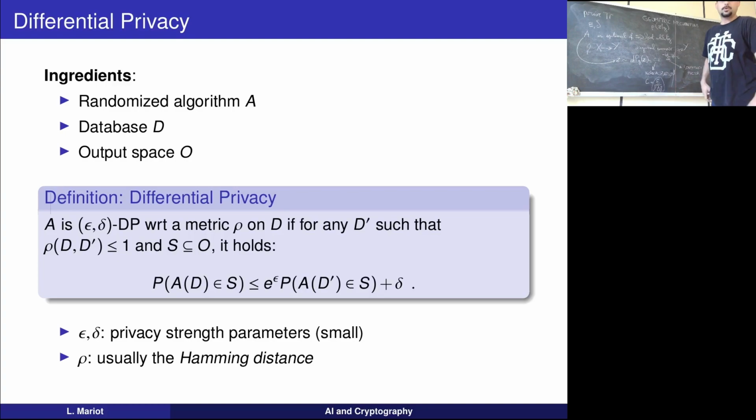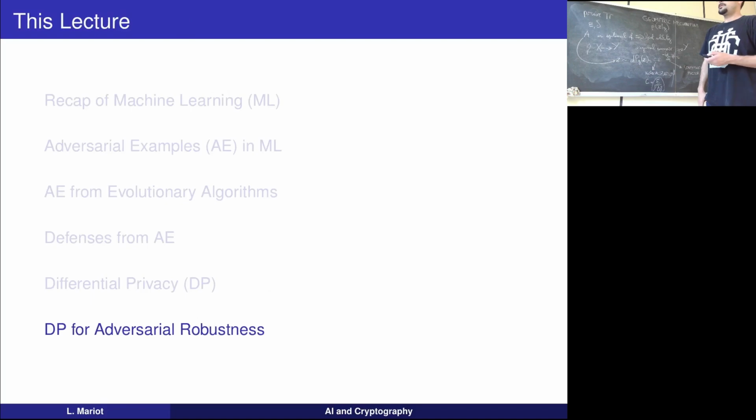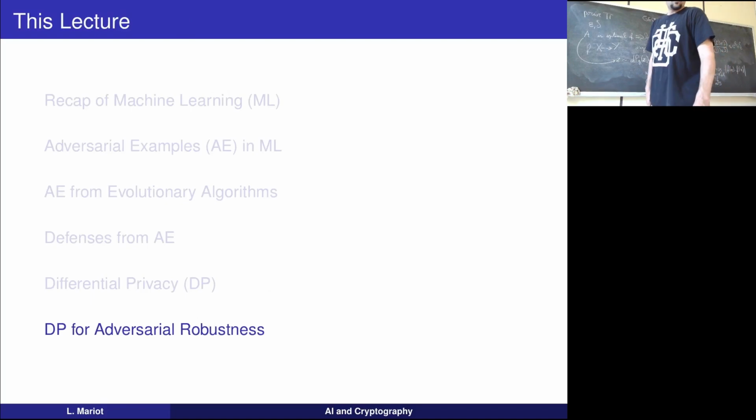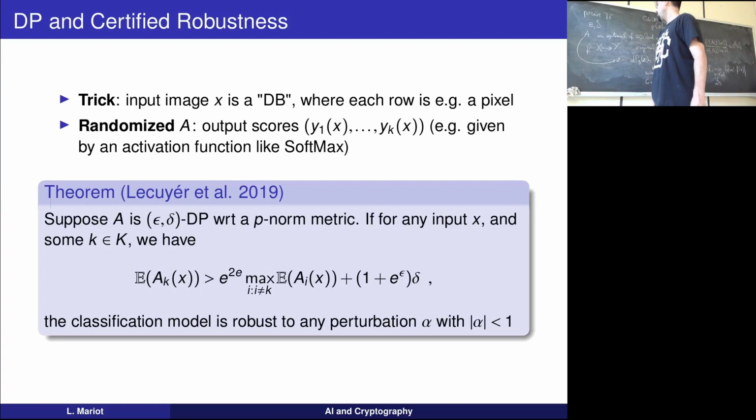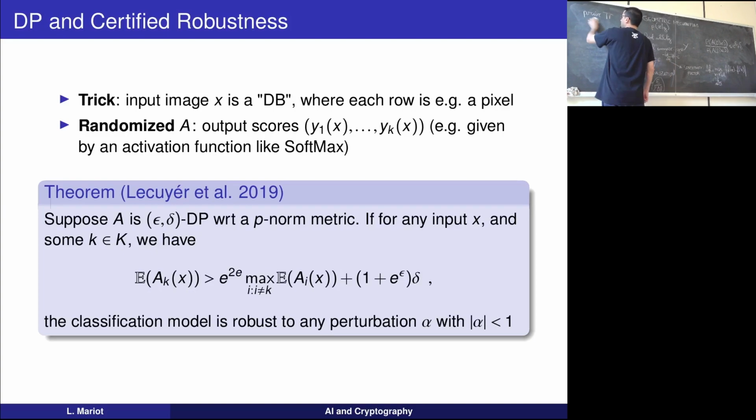Okay. So now for the part on adversarial robustness, what is the trick? Well, if you remember, we said that the adversarial example is perturbed by using, for instance, an evolutionary algorithm like the one pixel attack.